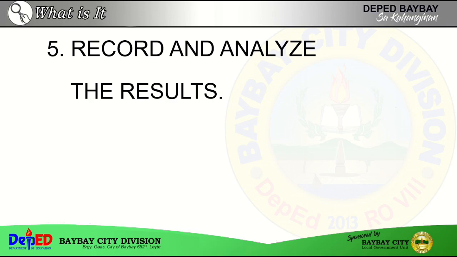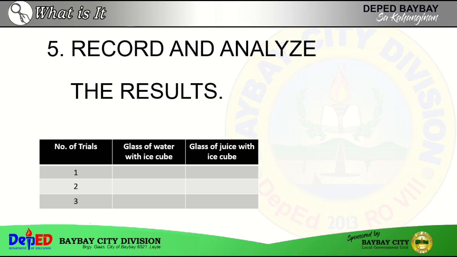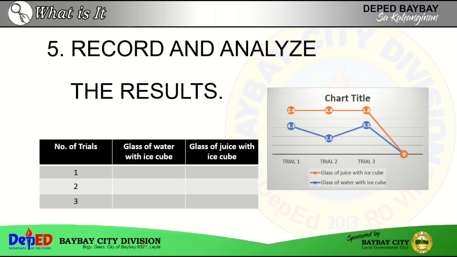The fifth step is record and analyze the results. How do we record? We can do it in a tabular form as shown in the picture and analyze our data by having graphs.